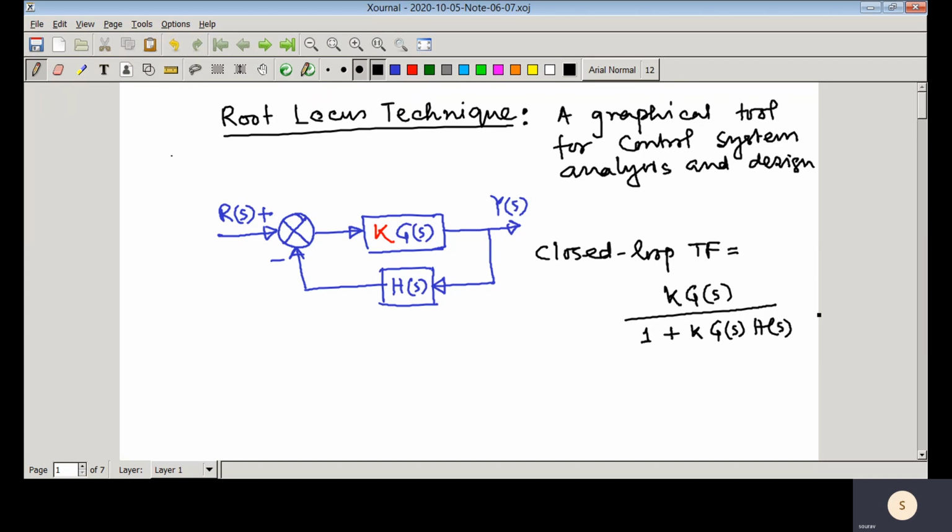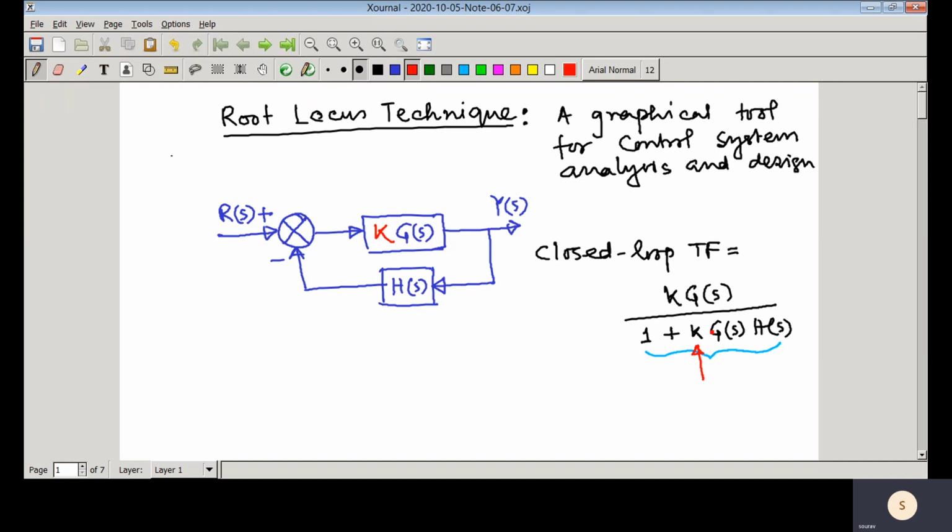and the characteristic equation is 1 plus K G(s) H(s). So in root locus, whenever this K is varied, what would be the closed loop poles, that means the roots of this characteristic equation? Those are presented graphically, and that is called the root locus.